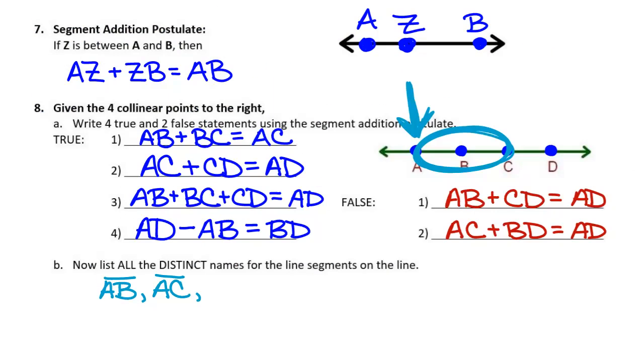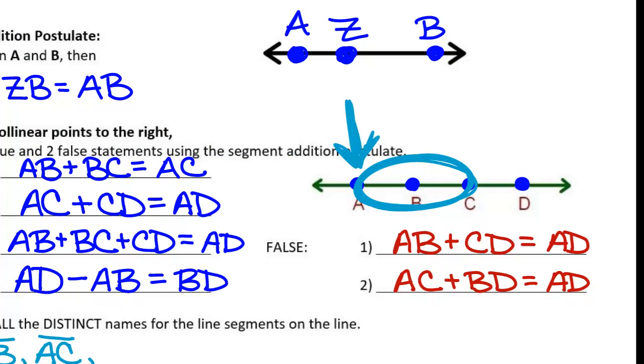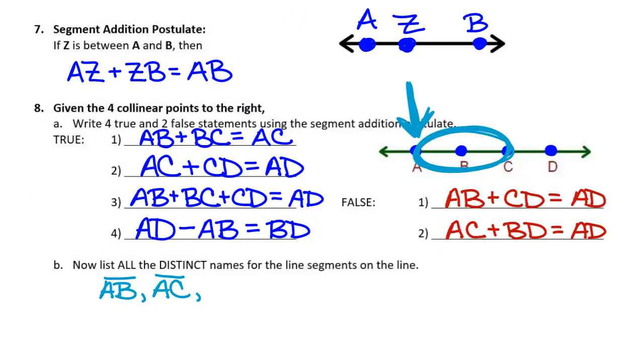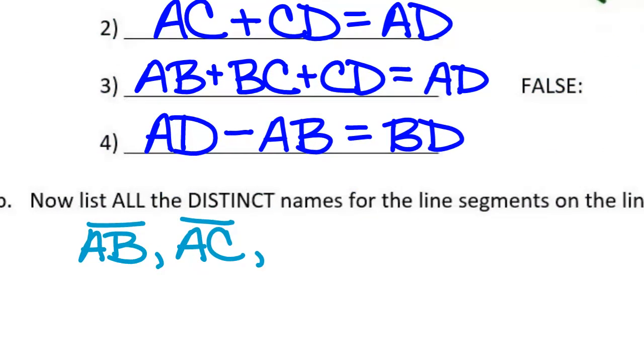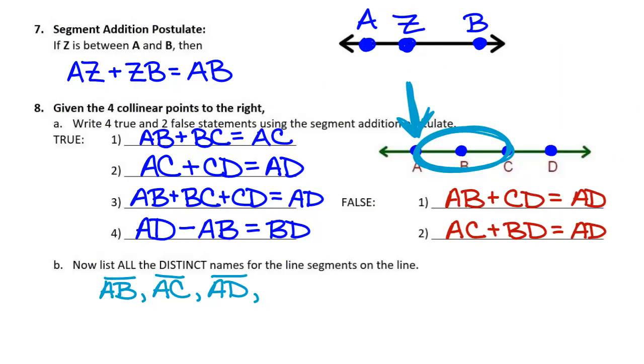Then I'm going to do the same thing again if I can make an even larger line segment. Can I go from A over to any other points to make an even bigger line segment? A over to D, yes. We can do AD.